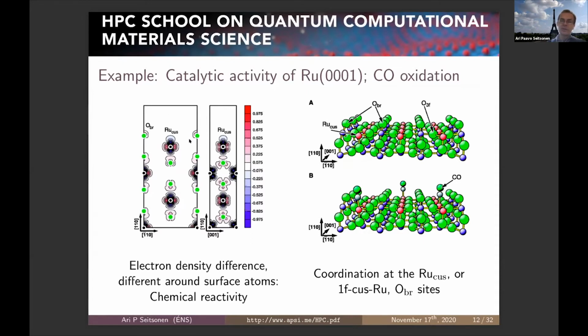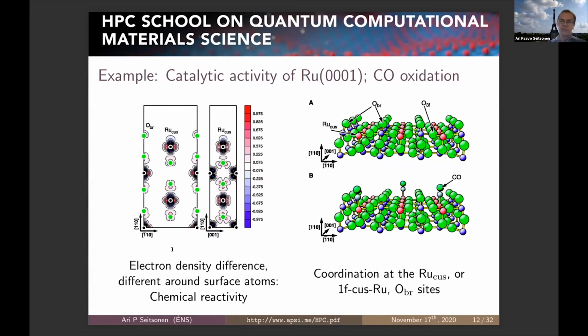You see the outermost ruthenium atoms and the outermost oxygen atoms, and then toward the bulk in the middle, that's where the electron structure is more or less like the bulk. It's of course a finite size, but we see that very soon the electron structure approaches that of the bulk material.